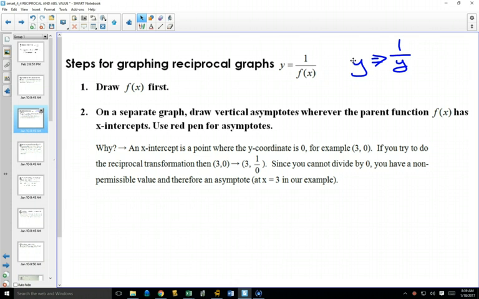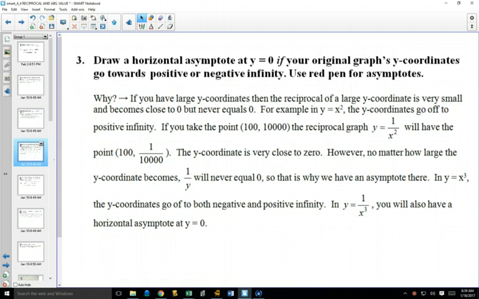So that's why we have an asymptote. You're next going to look for your horizontal asymptotes. Now for this, with all 1 over graphs, if your graph goes on forever to infinity, then you're going to have a horizontal asymptote on the x-axis, sorry, you're right. And it's going to be y equals 0.